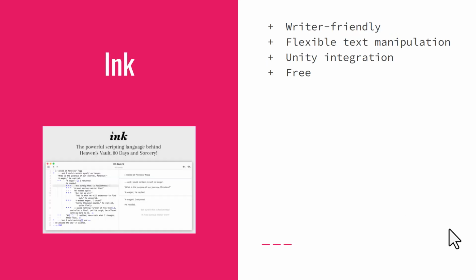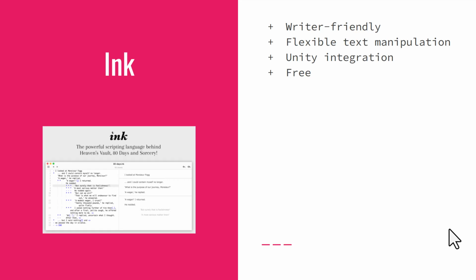But you'll also be doing the same with another tool called Ink. This is made by Inkle Studios of 80 Days fame. And this is a very writer-friendly format. It lets you write in sort of a stream of consciousness flow. The logic is mixed in with the text, but also text manipulation.